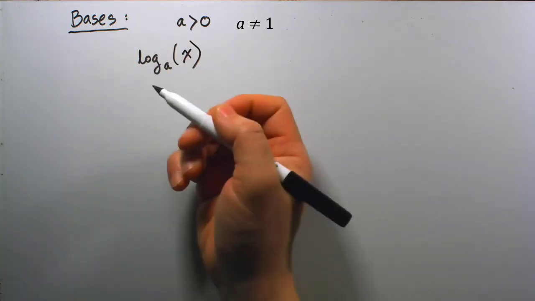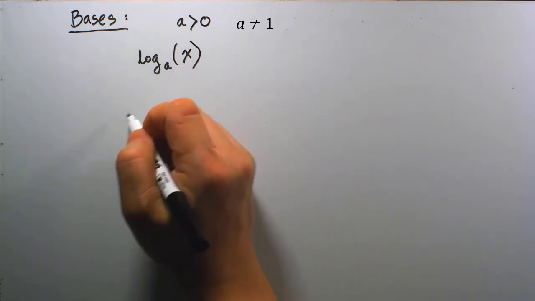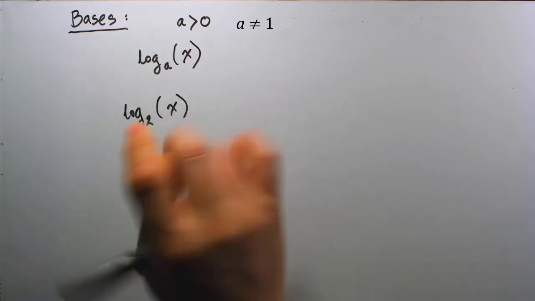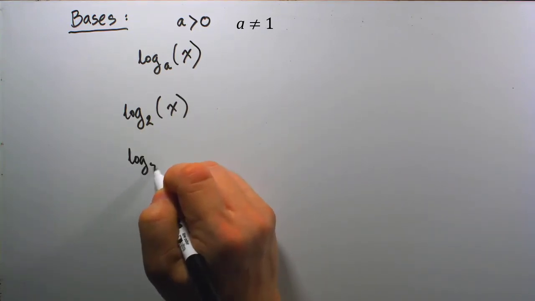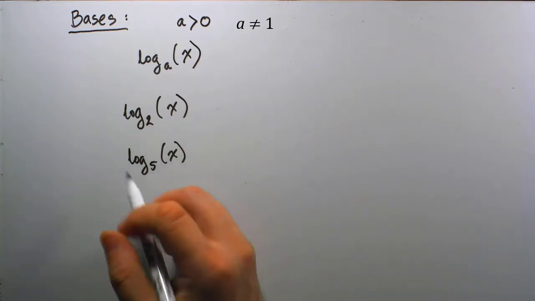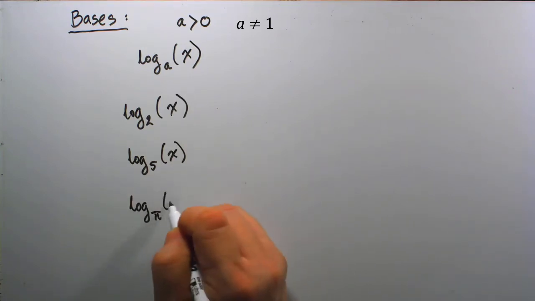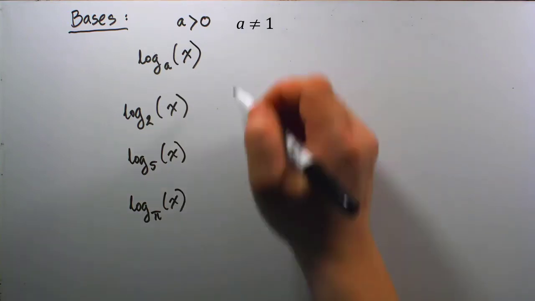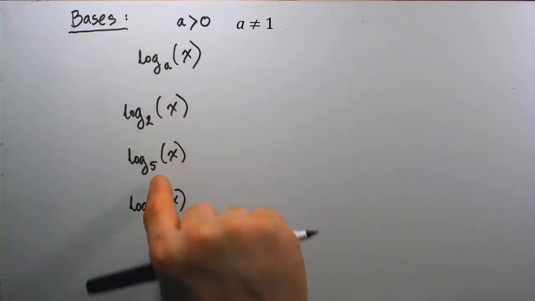But as we have looked through a few problems, when it's log base 2, we have to write log with a subscript 2. When it's log base 5, we have to write the log symbol with the subscript 5. When it's log base pi, we have to write the log symbol with the subscript indicating the base. Because so far I'm using those bases other than 10 and e.